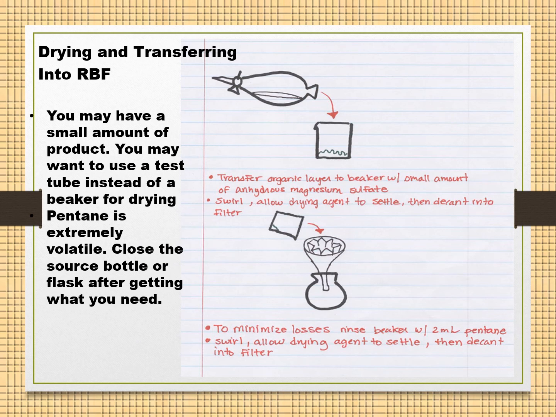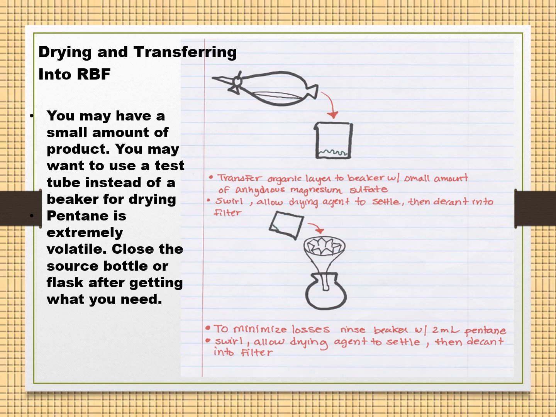And then in this procedure, it's just to dry and transfer our sample. You can transfer the sample from the separatory funnel into a beaker. And of course, if you're concerned about the yield of your product, you can choose to transfer it to a test tube instead of a beaker.